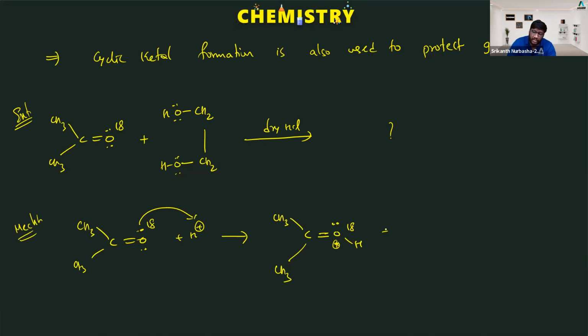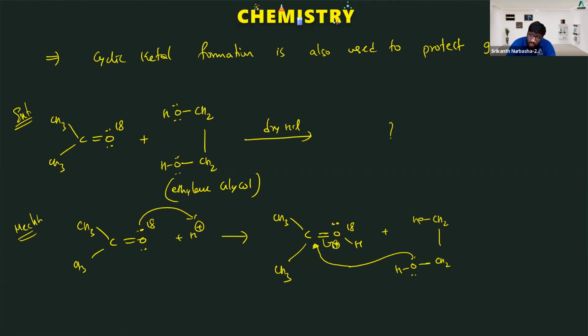Now we have the respective ethylene glycol. Yes or no? Ethylene glycol is there, with CH2OH, CH2OH. The oxygen which has a lone pair of electrons will attack this carbon because the electrophilicity of this carbon has been increased.